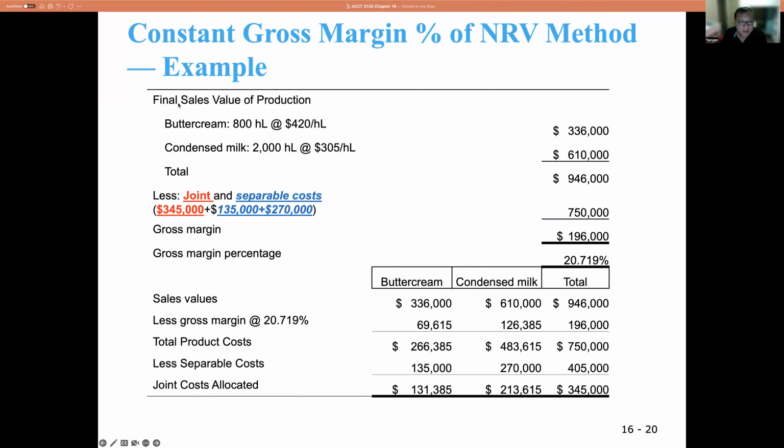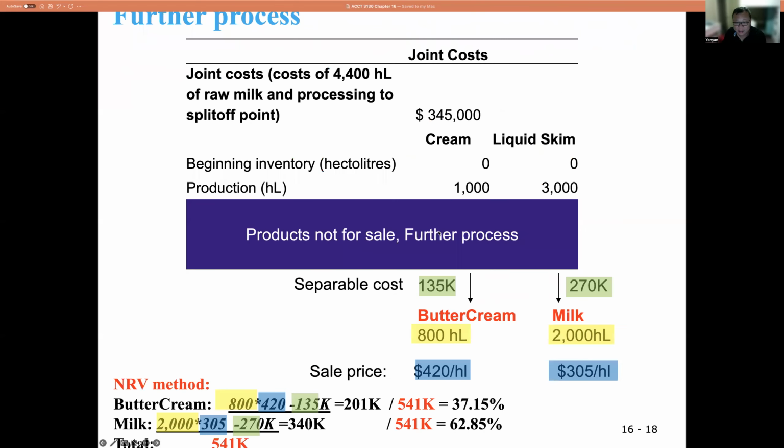You first calculate the final sales value of production. We have done this: 800 times 420, and 2000 times 305.